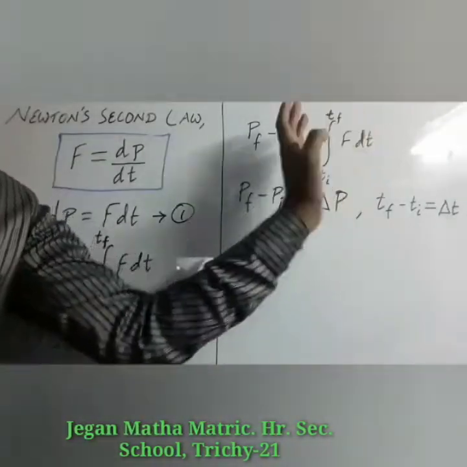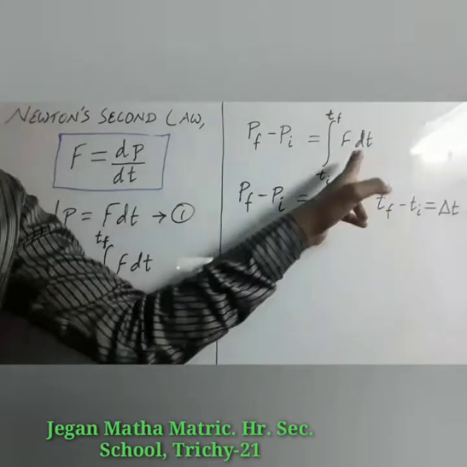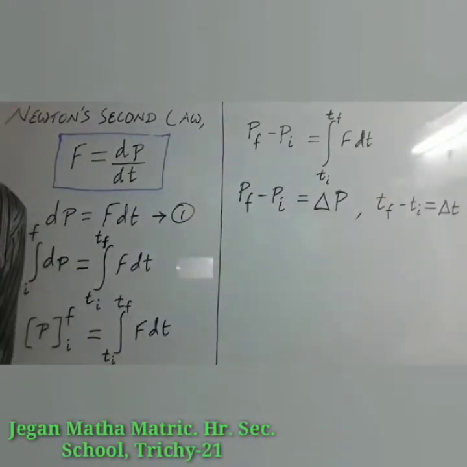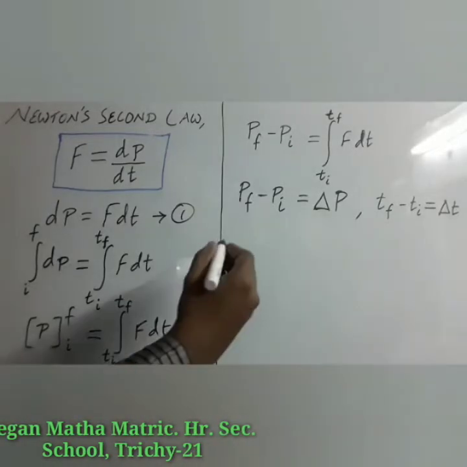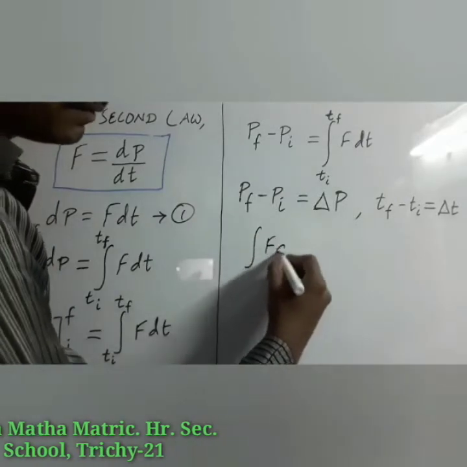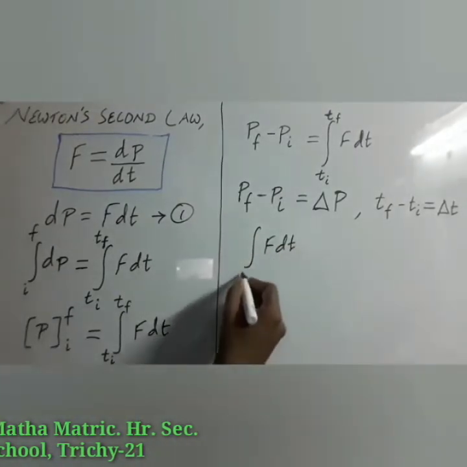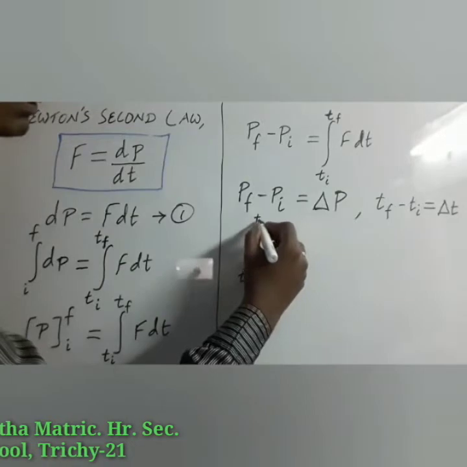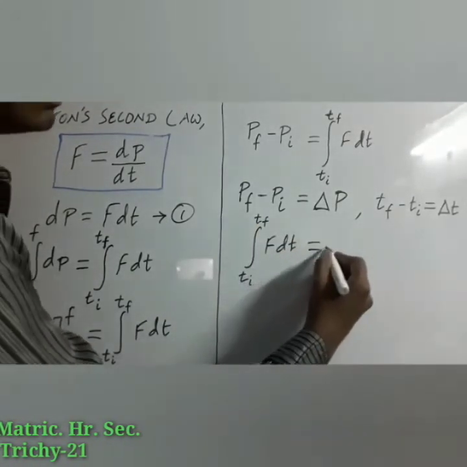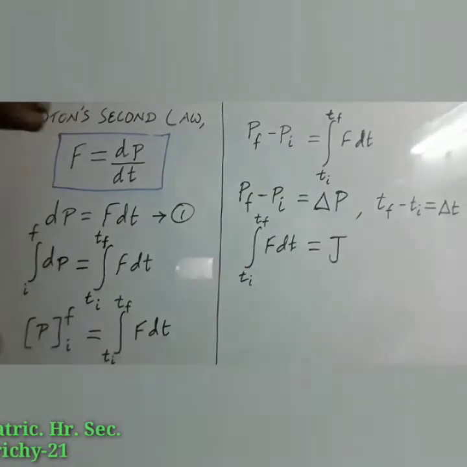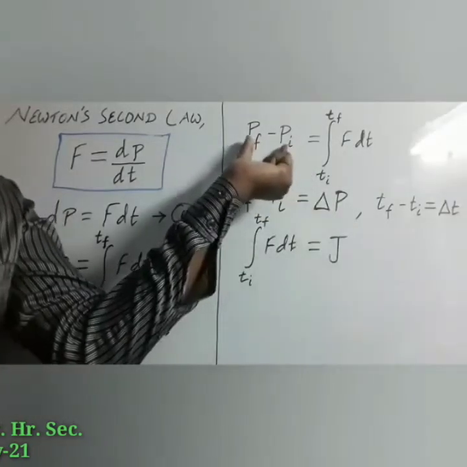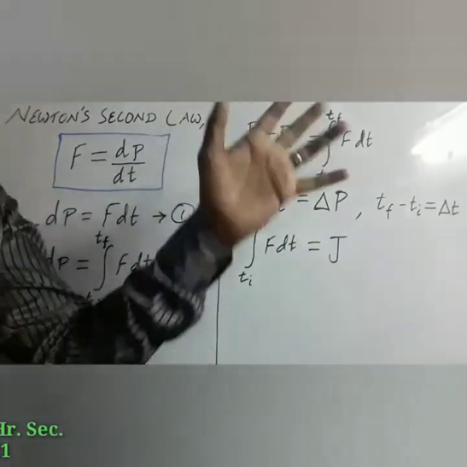In the same expression, the right side, the integral of F dt, is taken as the impulse. So this integral of F dt is known as impulse, which is given by the letter J. It is equal to the change in momentum of the object.